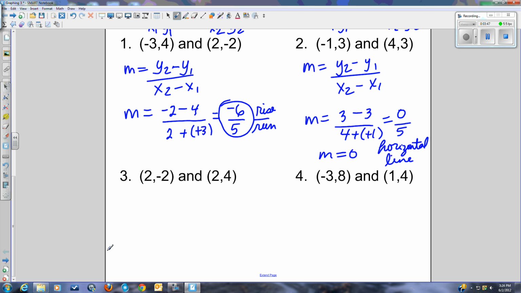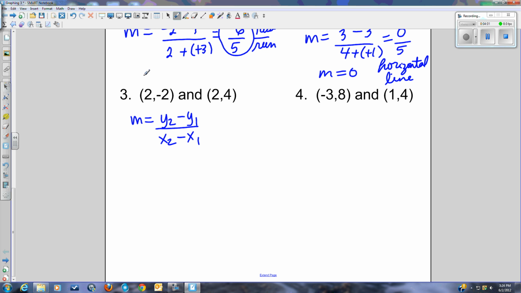Okay. Next, we have the points 2, negative 2, and 2, 4, and we want to find the slope of the line containing those points. Again, let's write out the formula. If you keep writing out the formula, it will really help you to memorize it. So we have x1, y1, and x2, y2. Plug our numbers in.